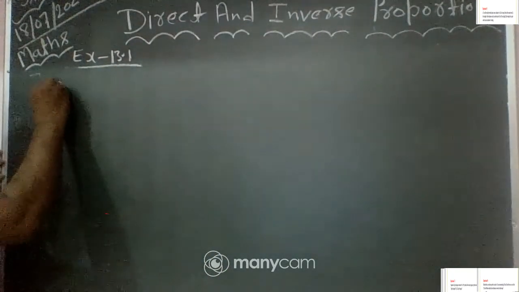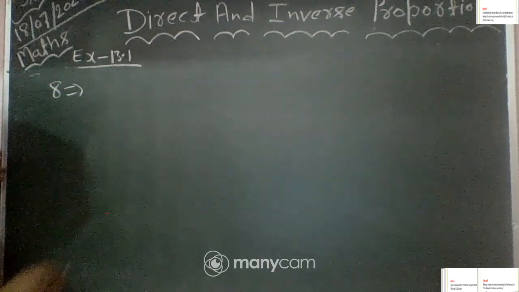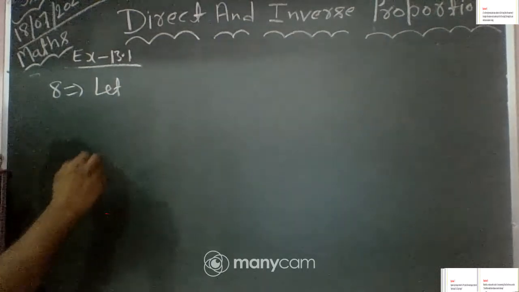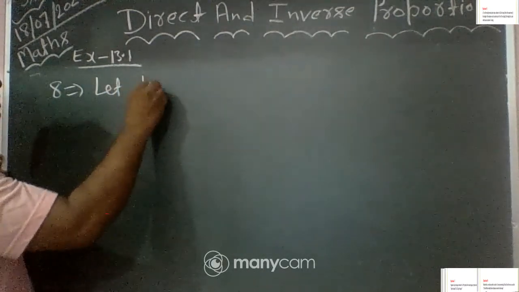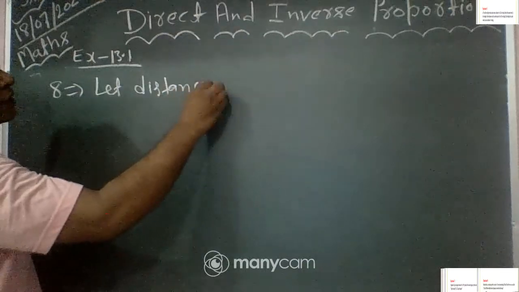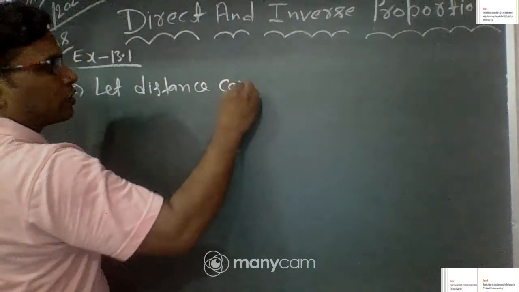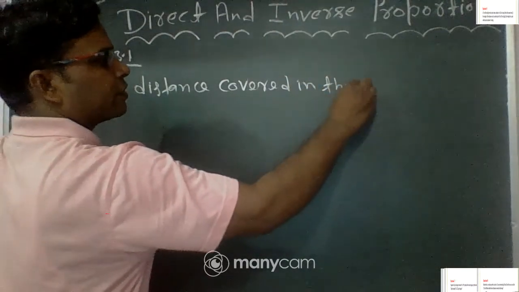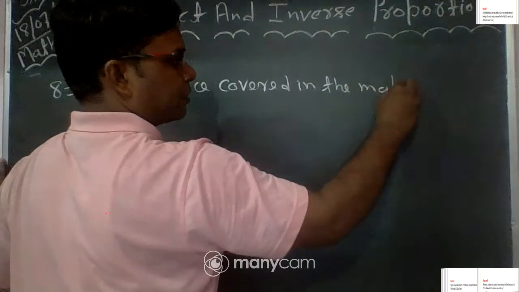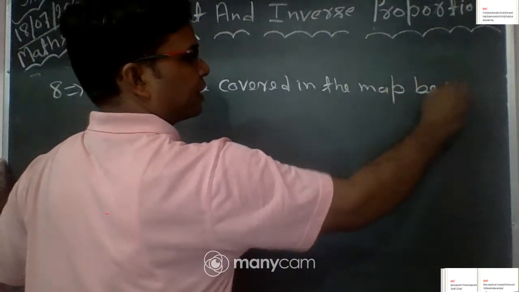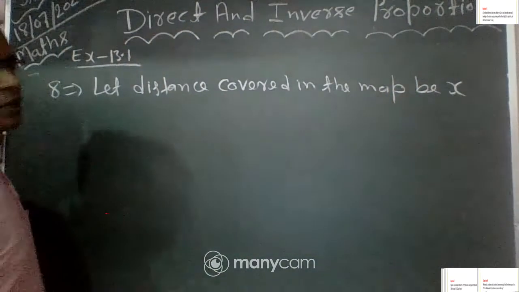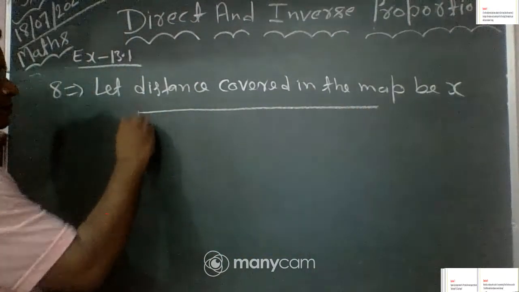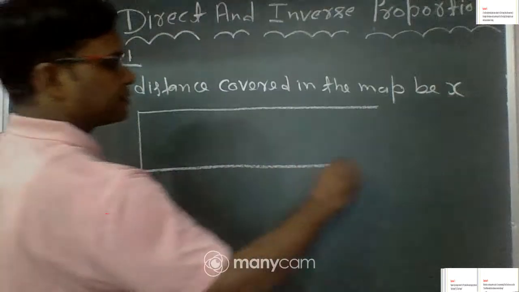Question number 8. Here we let the distance covered in the map be x. Okay, so first we make a table like this.